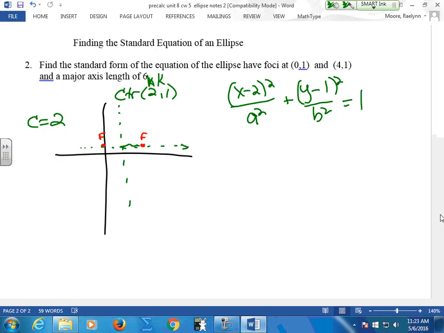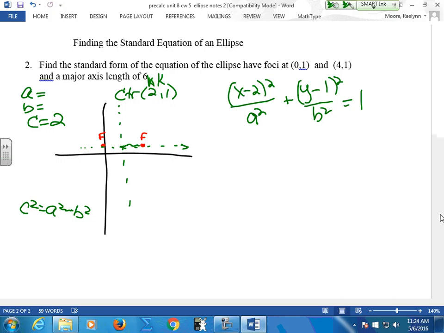So that's my C. So the foci uses the C letter. It doesn't help me in my equation, but I do have a little formula. C squared equals A squared minus B squared. So if I should be able to get one more of those, then I should be good.